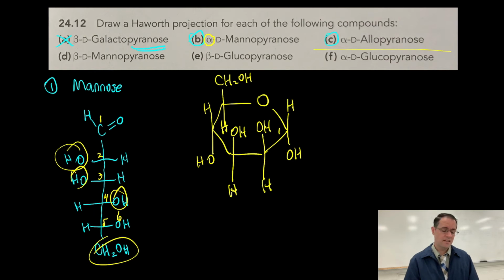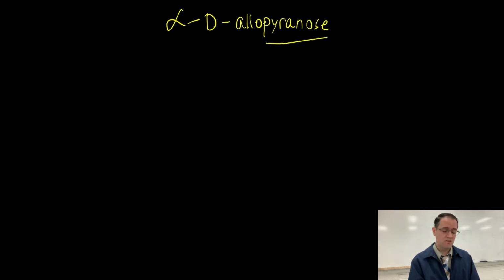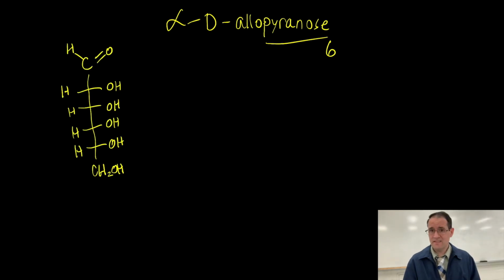On the next page, let's do alpha D allopyranose. Pyranose means 6-membered ring. Let's try to find, does allose get its name because all the OHs are pointing to the right? I don't know, maybe.